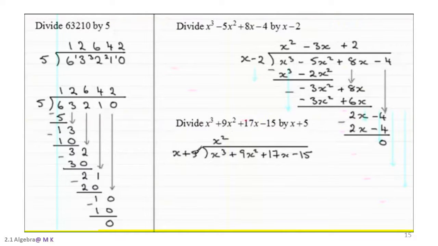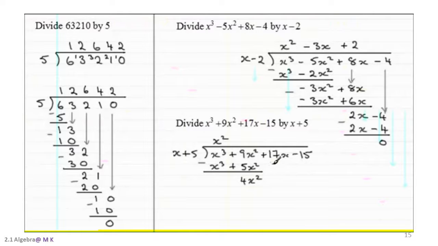X squared times x plus 5 gives us x cubed plus 5x squared. We now subtract to find out what that remainder is. So x cubed minus x cubed is 0. 9x squared minus plus 5x squared is 4x squared. So we've got 4x squared there.